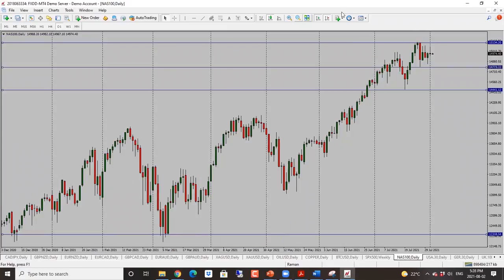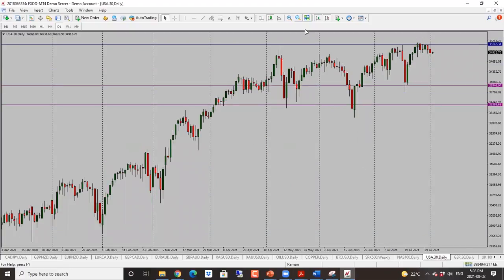NASDAQ here, this as well is right in the middle of the range. Price has been trading sideways here, so looking for price to drop. Overall, as we can see, price went into the resistance or close to the resistance and then bounced off. So I'm looking for price to move lower now. 14,780 is the target to the downside, back into the support.